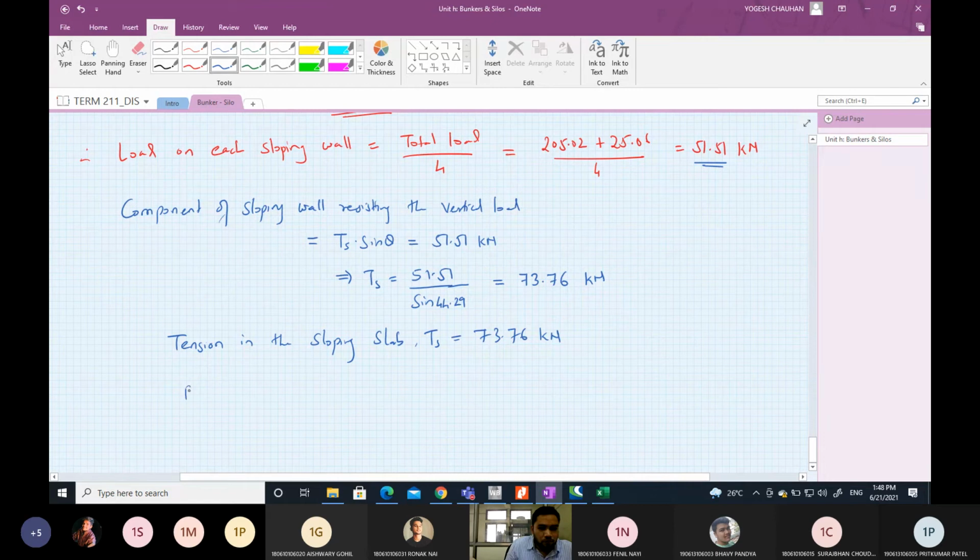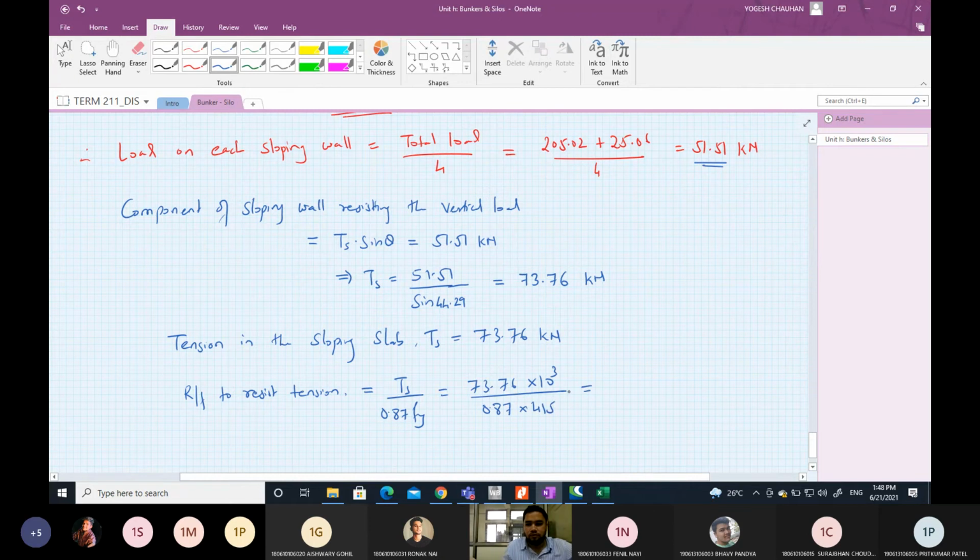So the reinforcement to resist tension will be equal to Ts divided by 0.87 fy, that is 73.76 into 10 to the power 3 divided by 0.87 into 415.